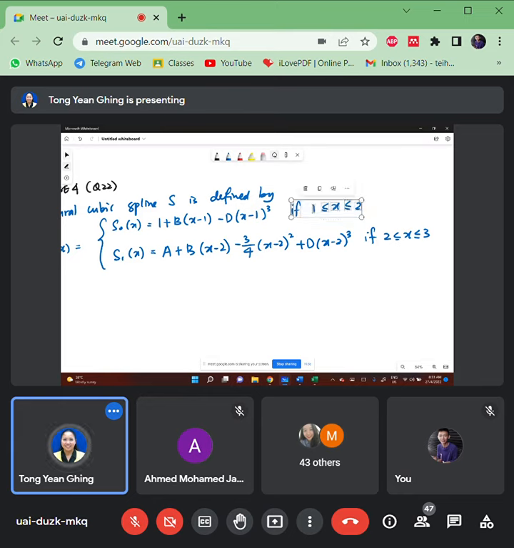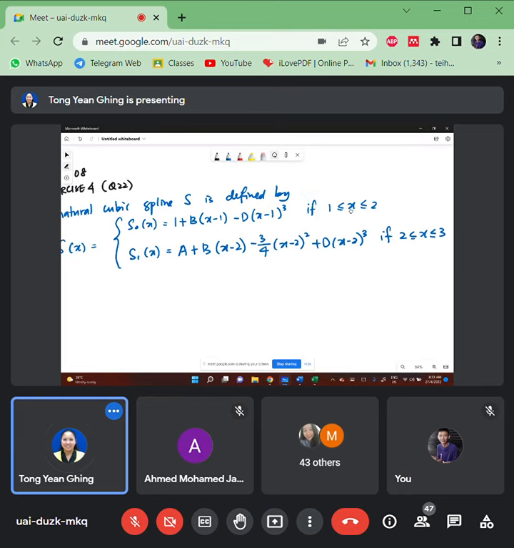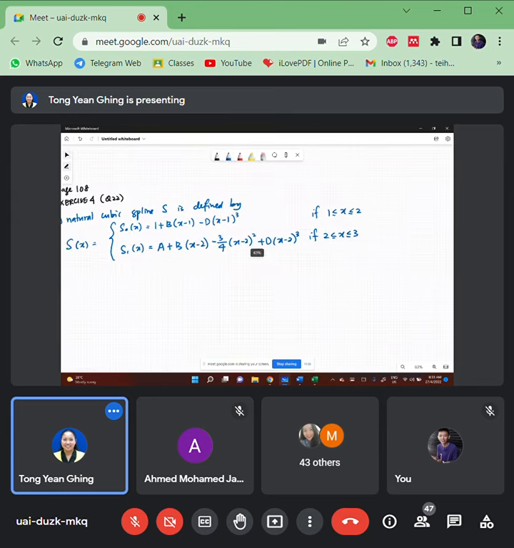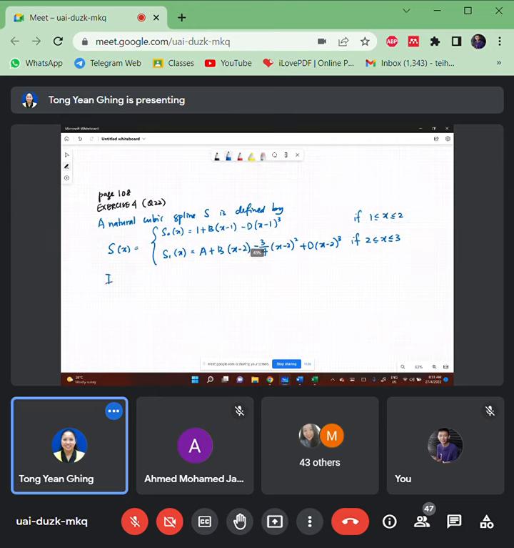I write here that this S interpolates the data (1, 1), (2, 1) and (3, 0).